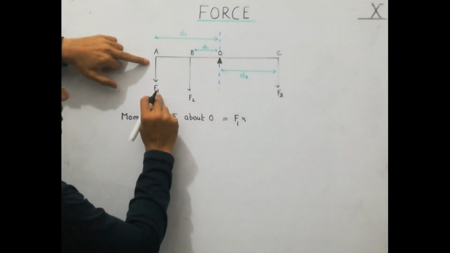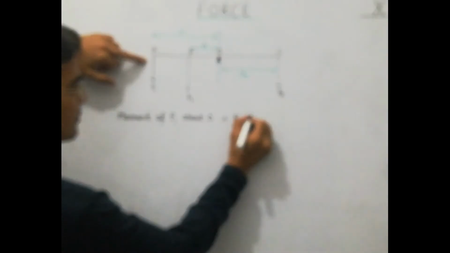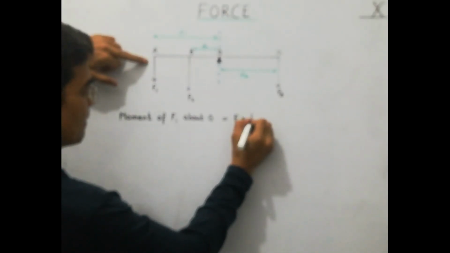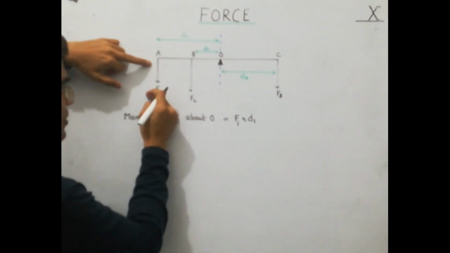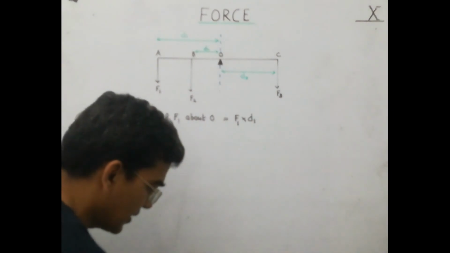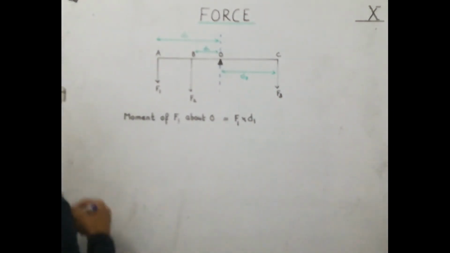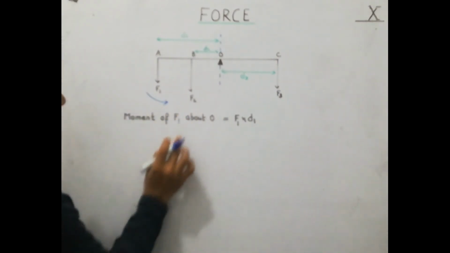So you can see the distance of this force F1 from the point of rotation is D1. And you can see this force F1 is trying to rotate the body. In which direction it is trying to rotate? F1 is trying to rotate the body in anti-clockwise direction.